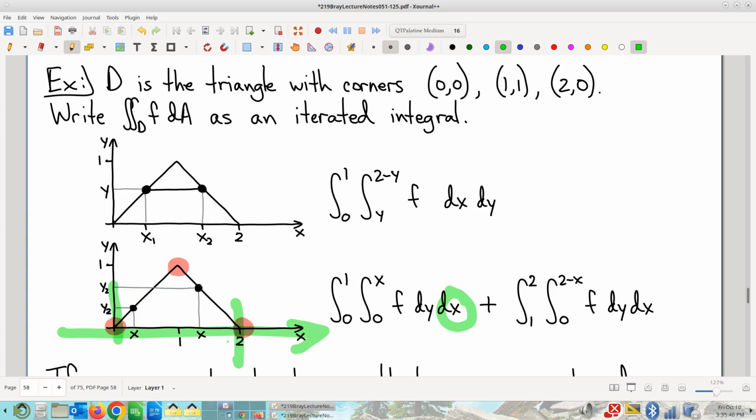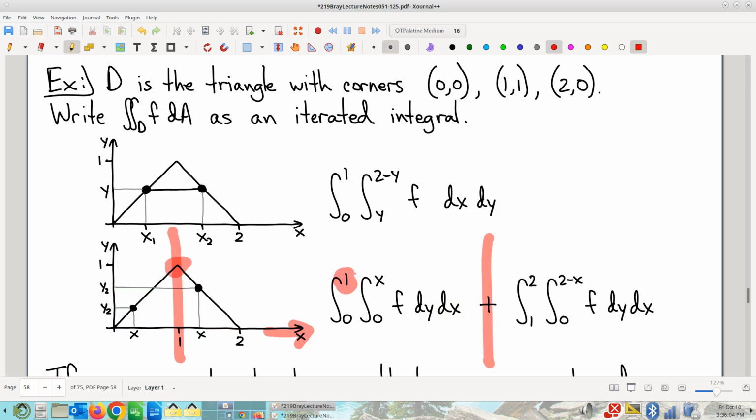At the end, fine. But not in the middle of the process. And roughly speaking, slicing through that corner as I go in the x direction is why I had to stop at 1 and pick up from 1 with a new integral.